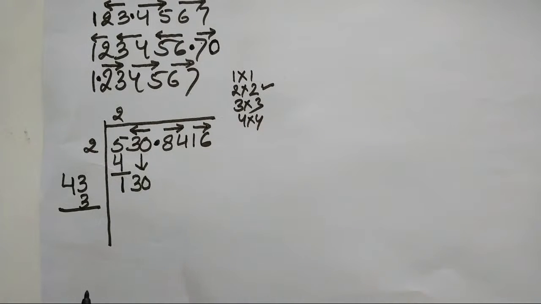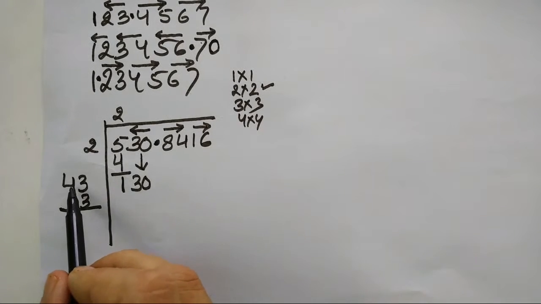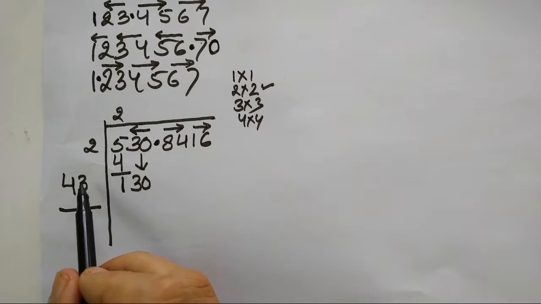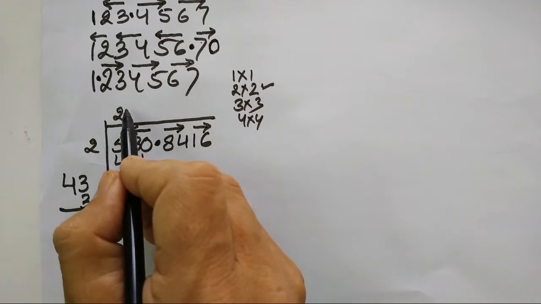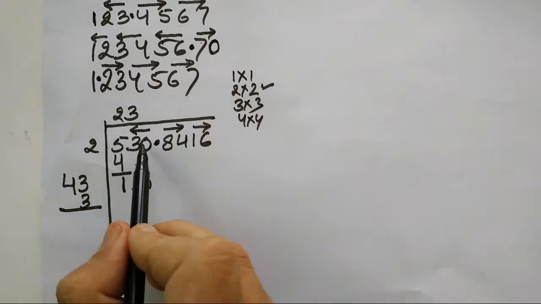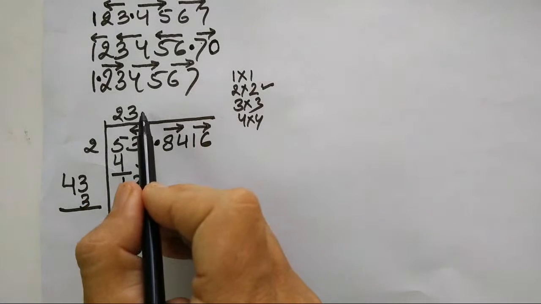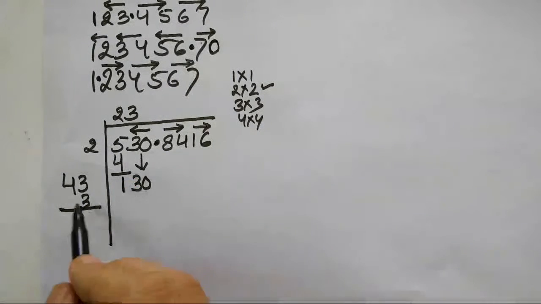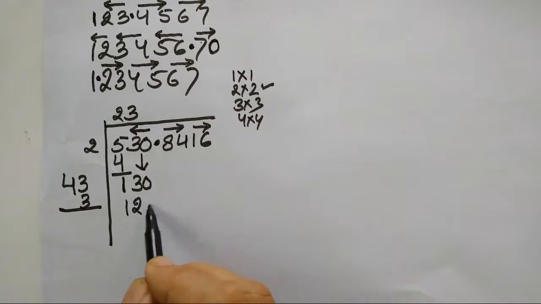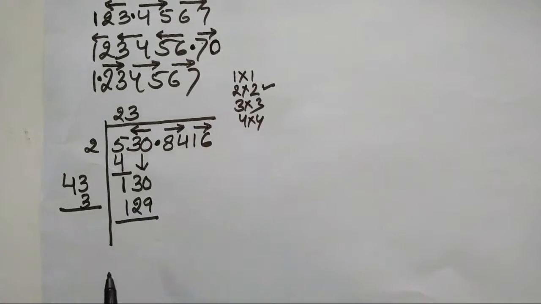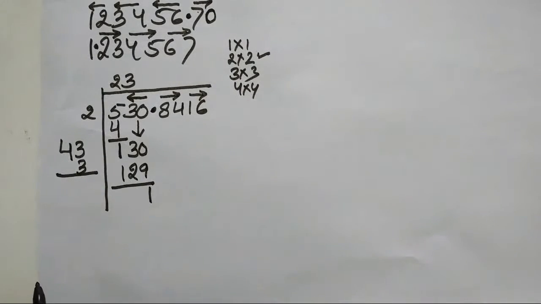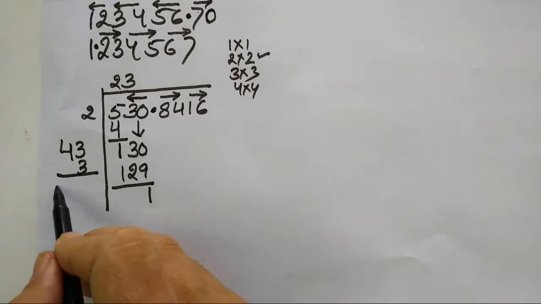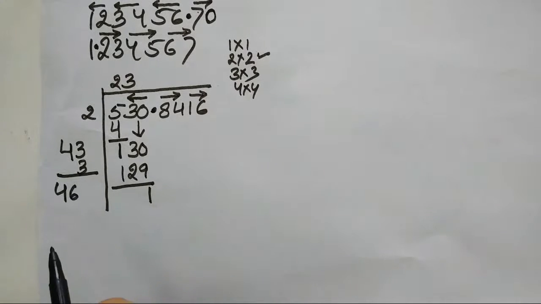So 4 and 3, and 3 into 3, you will use the same number here and the same number will come here also. Till 30 there is no decimal, so here also there is no decimal. Now 43 into 3 is 129. Subtract 130 and 129, it will become 1. 43 and 3 will become 46.